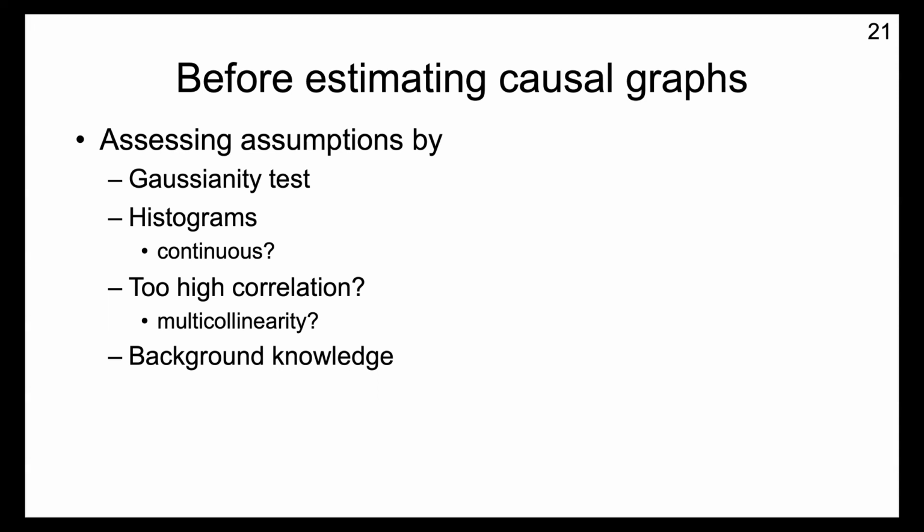Omitting one of them might be simpler, but it might depend on the situation. Fourth, it is also important to check whether assumptions such as linearity are acceptable in terms of background knowledge. If it is acceptable to some extent, it should be okay, but otherwise it might be better to interpret the estimated causal graph as a reference.